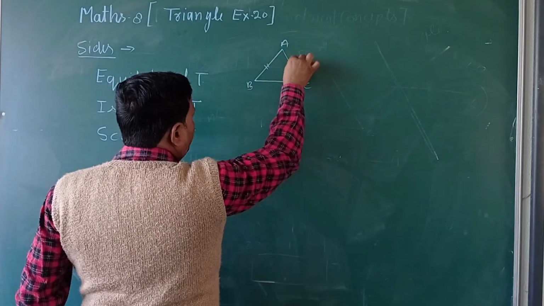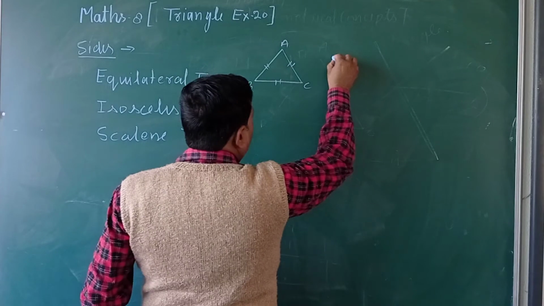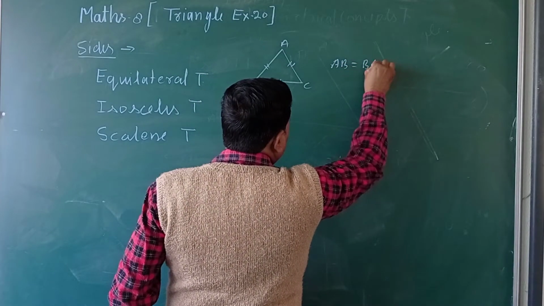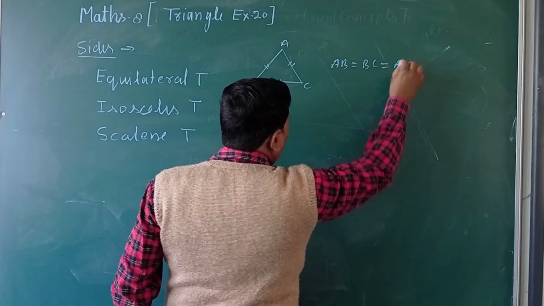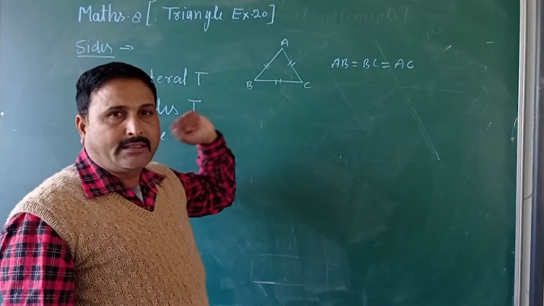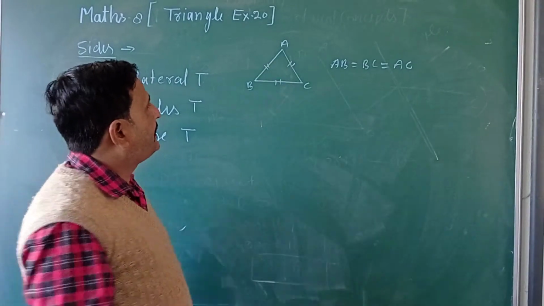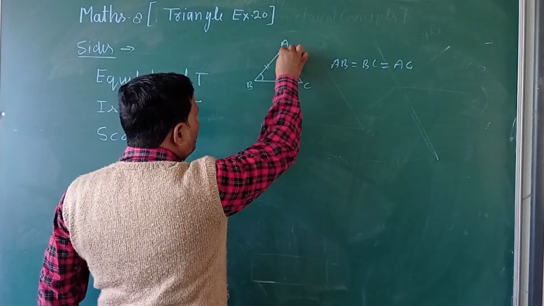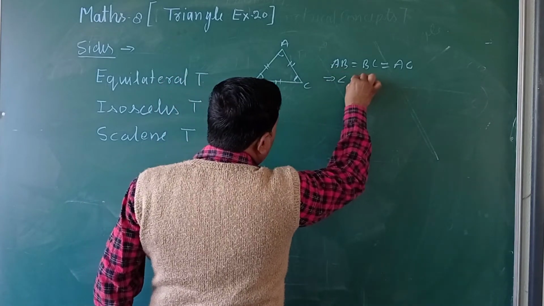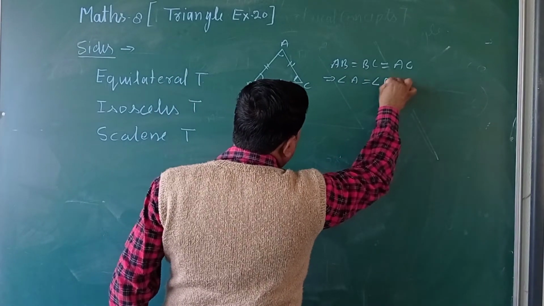Means side AB is equal to BC is equal to AC. If sides are equal, then all angles will also be equal. This implies that angle A is equal to angle B is equal to angle C.